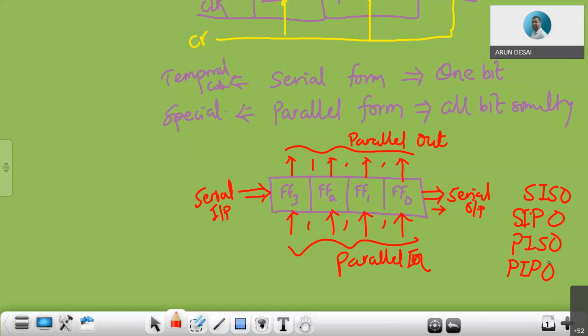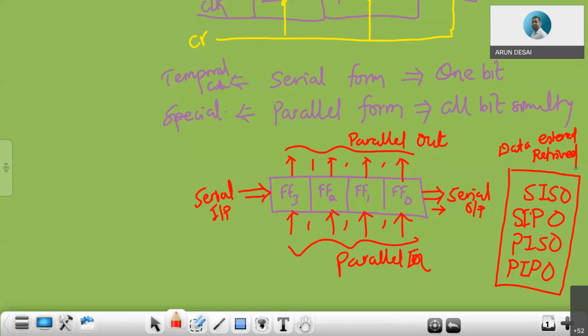So this classification is based on data in and out, right? That means how you are going to enter your data in a flip flop or register, and how you can retrieve that data from the register.